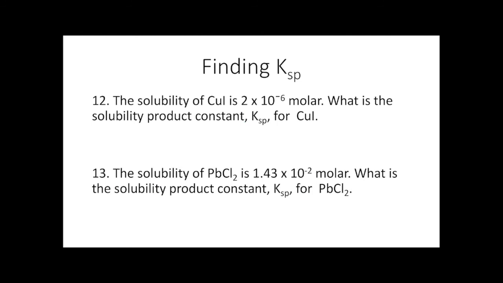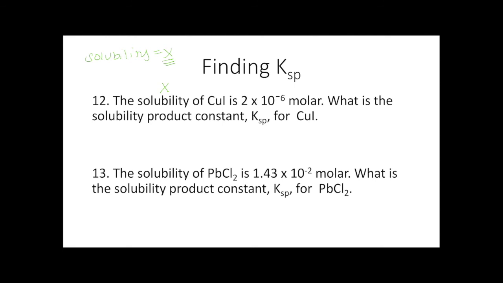Okay, so when you translate these problems, here's the thing. The word solubility in our RICE tables is x. We know what x is. We've been doing x forever. So this is saying the x of copper iodide is 2 times 10 to the minus 6 molar.